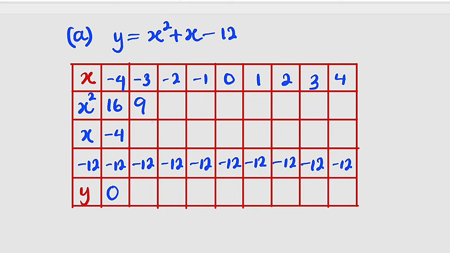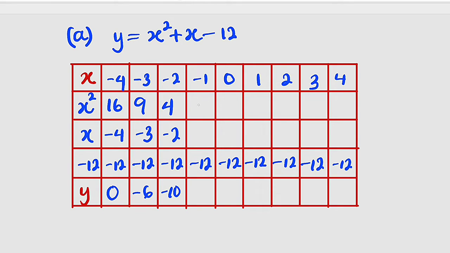Already x is -3. Then you compute for these 3 terms to get the value of y. That is 9 minus 3 is 6. 6 minus 12 is -6. Then when x is -2, we have -2 squared, which is 4. This is -2. 4 minus 2 is 2, and 2 minus 12 is -10.